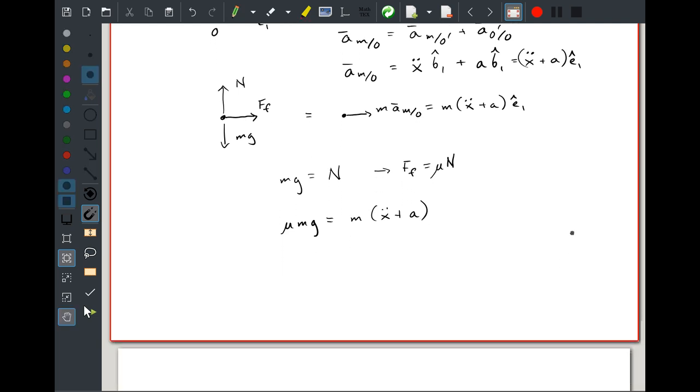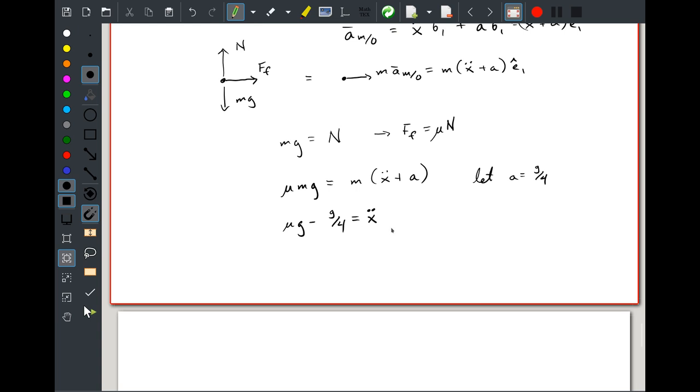So the acceleration of the truck. Now I can plug in, let a equal g over 4, and I have that mu times g minus g over 4 equals x double dot.